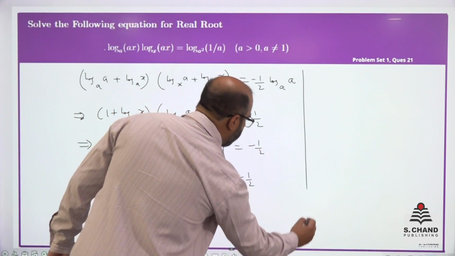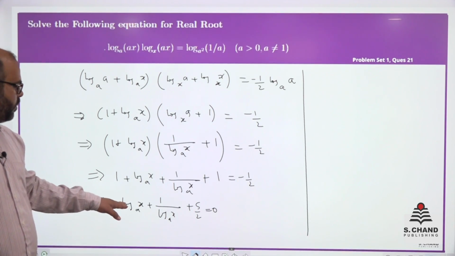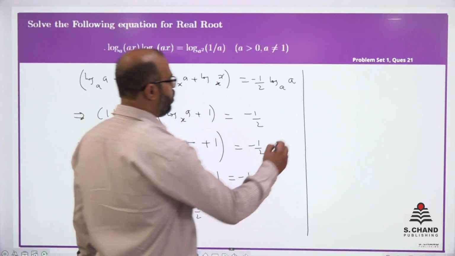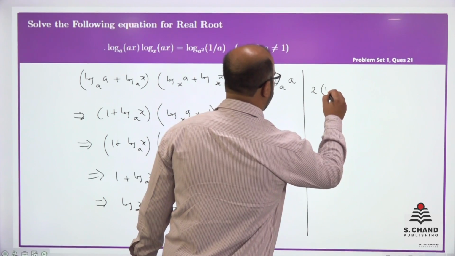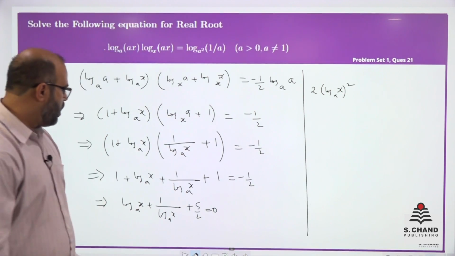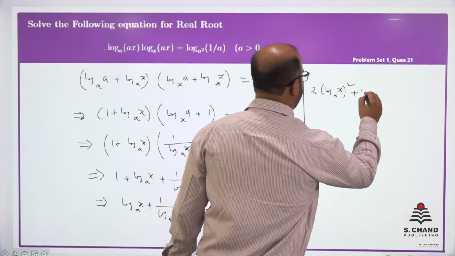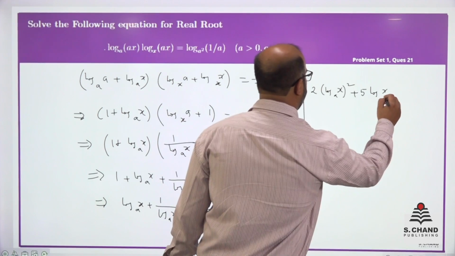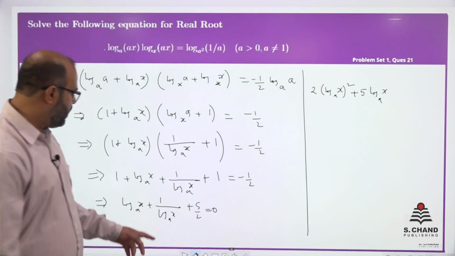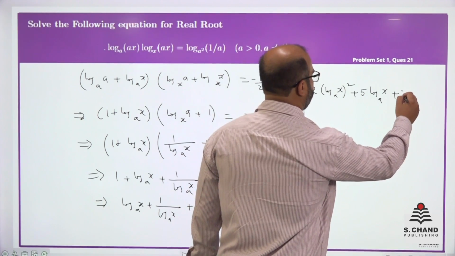Now let us do further calculations. Let us take LCM. So this will be log x to the base a whole square into 2, 2 log x to the base a whole square, plus 5 log x to the base a, plus 2 is equal to 0.